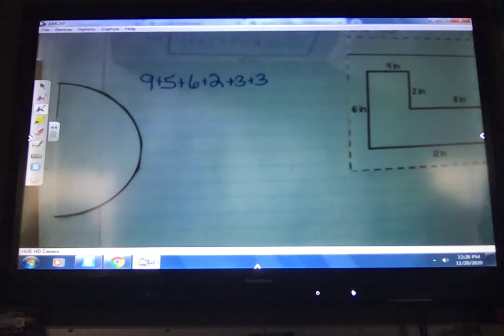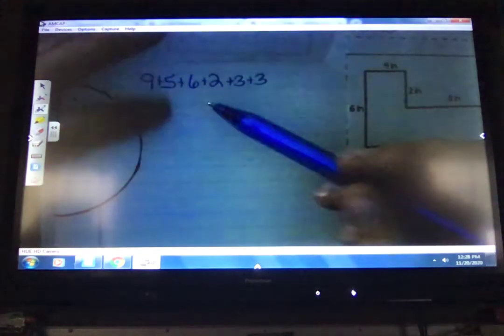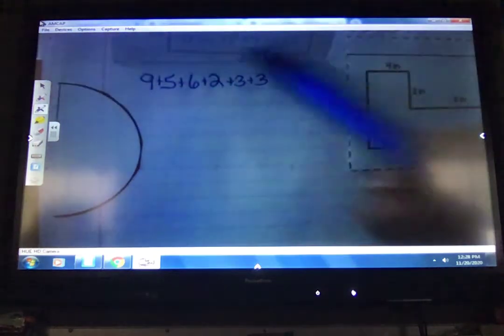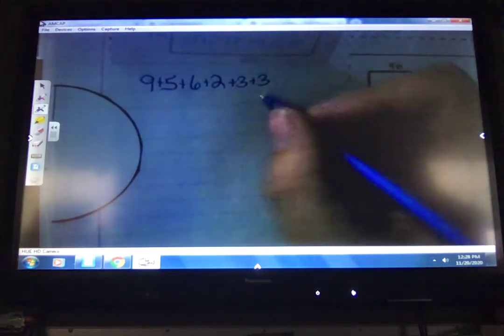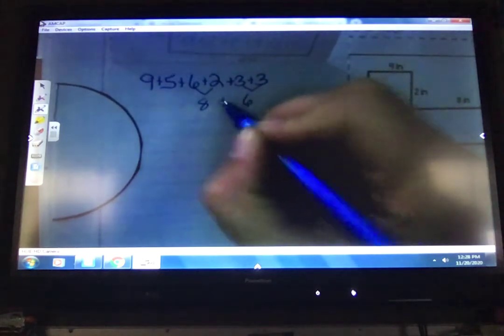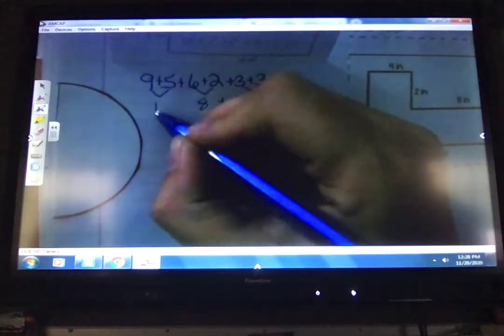All right, so let's add these together now. Now how you add it is up to you. I like putting the smaller factors together first. So I know 3 and 3 is 6, 2 and 6 is 8, 9 and 5 is 14.